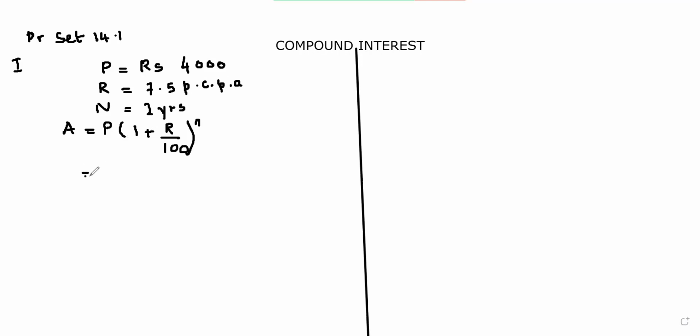So this is equal to 4,000 into 1 plus 7.5 upon 100 raised to the power of 2.